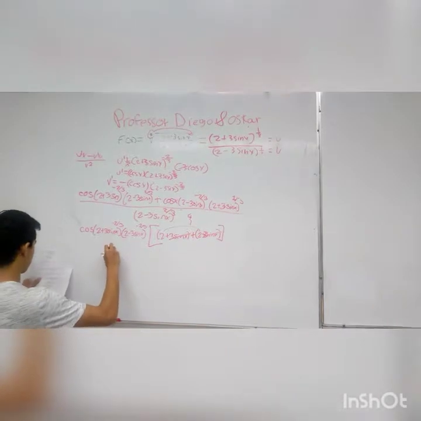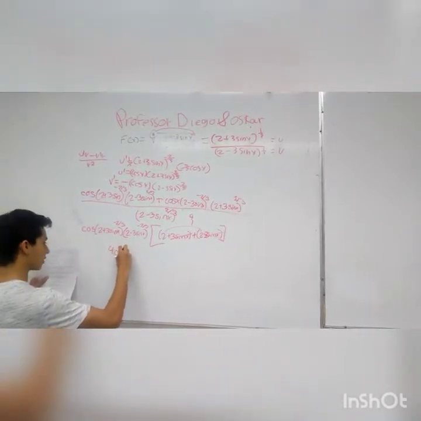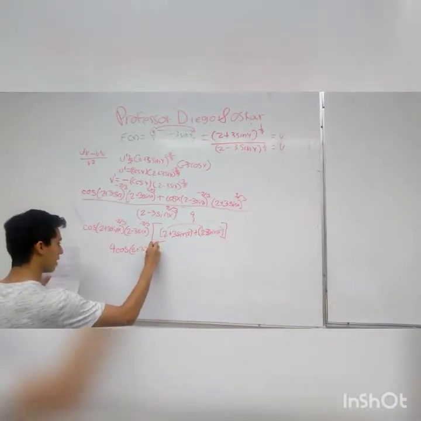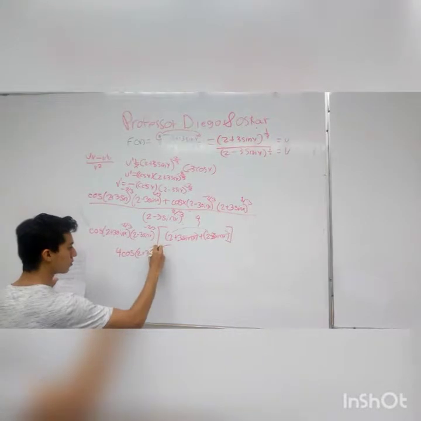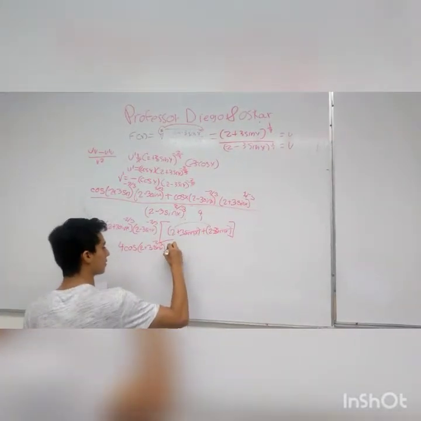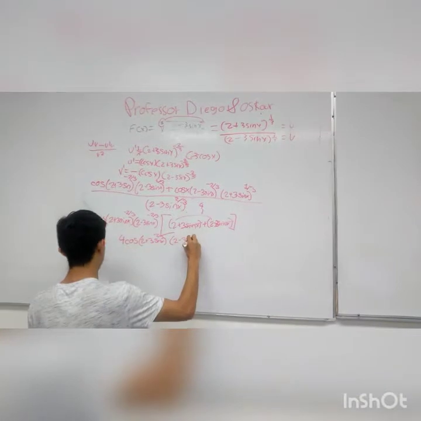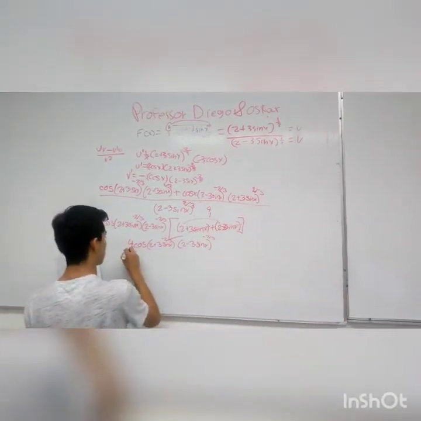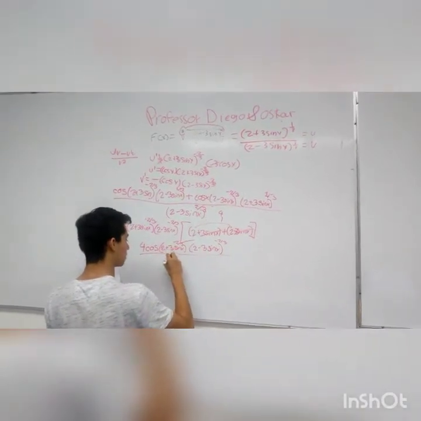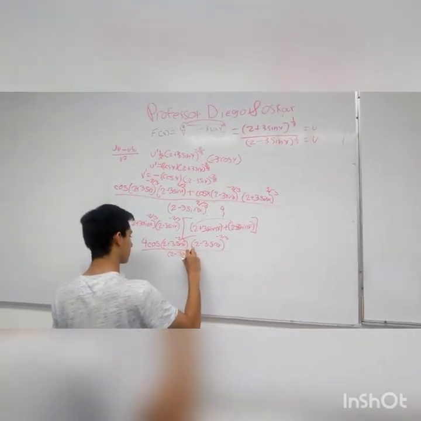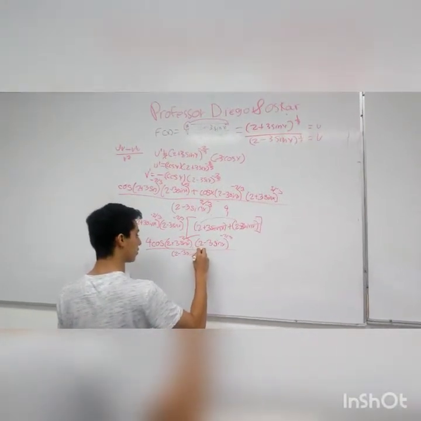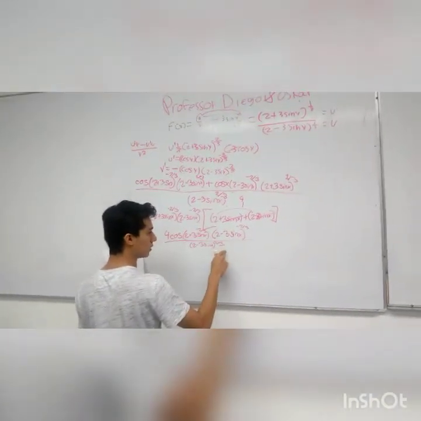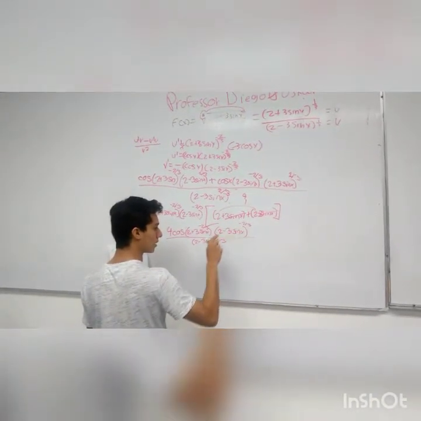So we get 4 cos x times 2 plus 3 sine x to the minus 2 thirds, times 2 minus 3 sine x to the minus 2 thirds, and we already have the 2 minus 3 sine x to the 2 thirds. Because these ones are negative, we pass this one into the denominator, and this one we subtract by this.